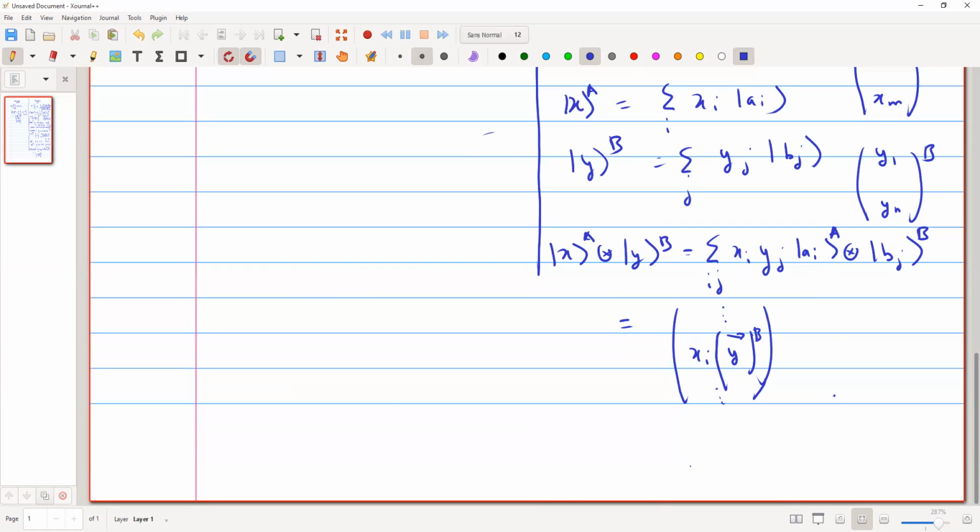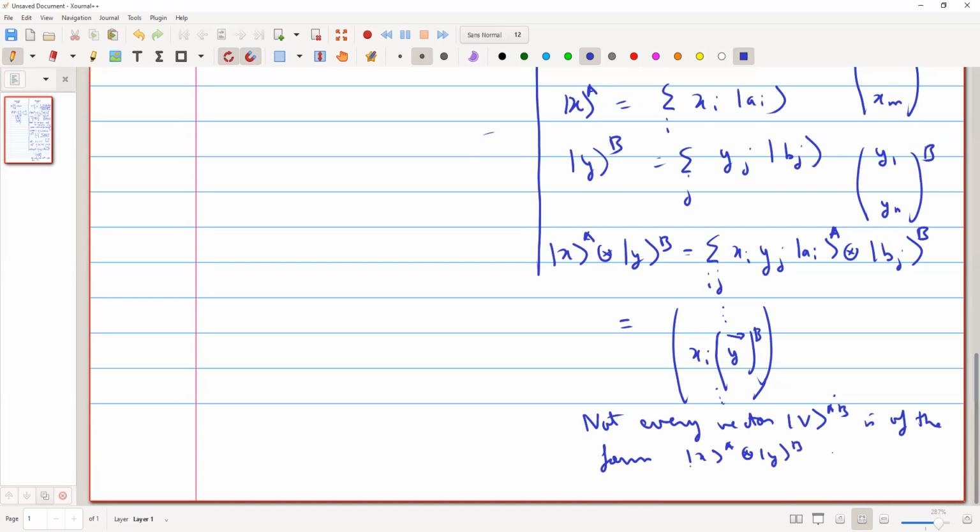And we saw last time that not every vector in A tensor B is of the form x tensor y. So this is where we stopped.